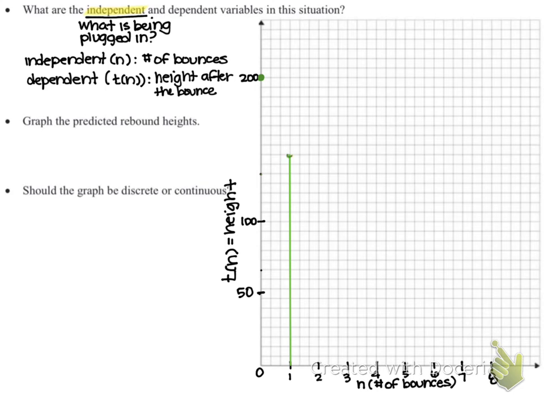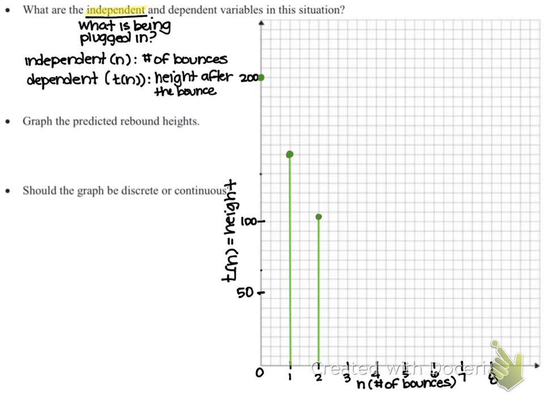I'm going to go ahead and plot that point. And then I'm going to take that, and we would find the next answer, which, just using my table here, is now at just over 100. Just barely over 100. So let's say at 2, we're just barely over 100. And I'm only drawing these bright green vertical lines just to help myself find the points. That's all. I'm going to come back and erase them in just a minute.